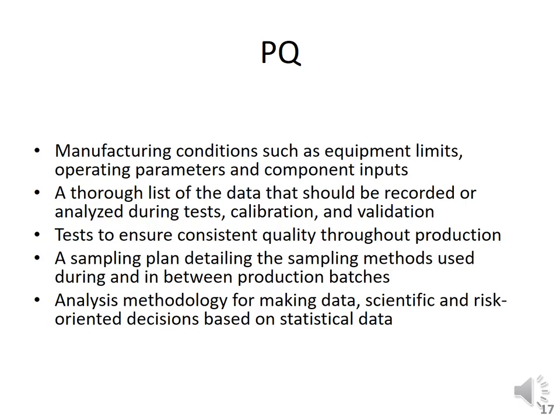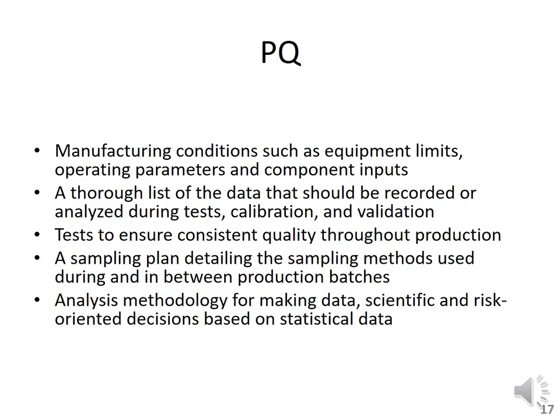Okay, tests to ensure consistent quality throughout the production. This is very important. One of the key factors which are important while recording the performance qualification is that the tests ensure consistent quality throughout the production.